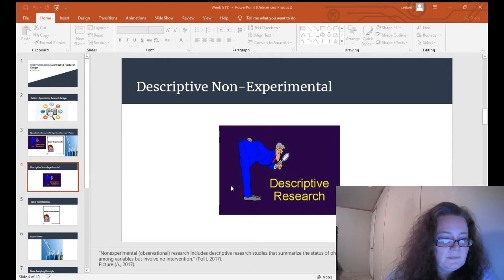Descriptive non-experimental is an observational research that includes descriptive research studies that summarize the status of a phenomenon and correlation studies that examine relationships among variables but involve no interventions. So if you're reading a research paper and there are no interventions involved, then it's a descriptive non-experimental.